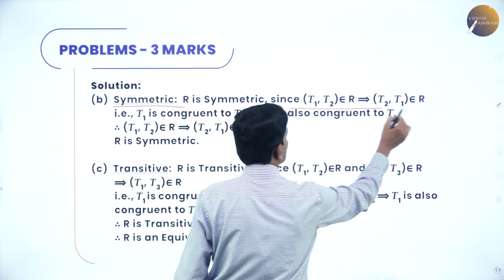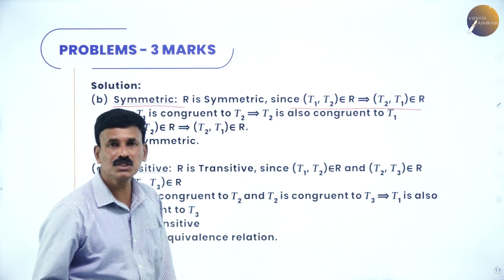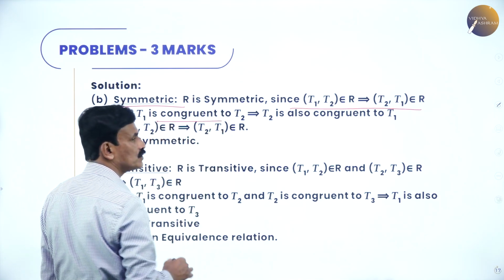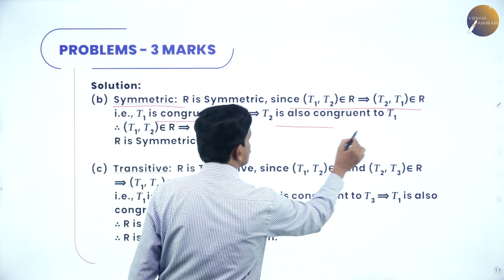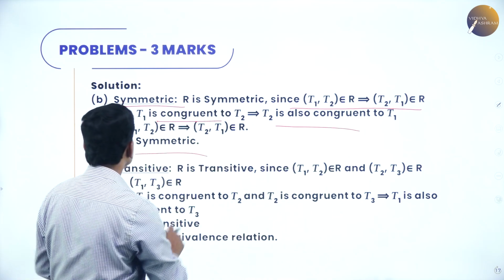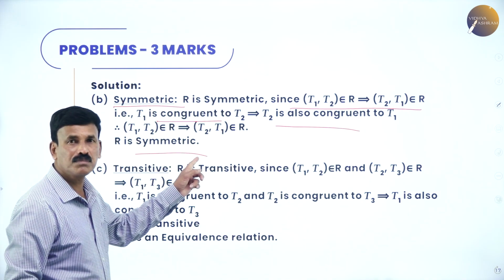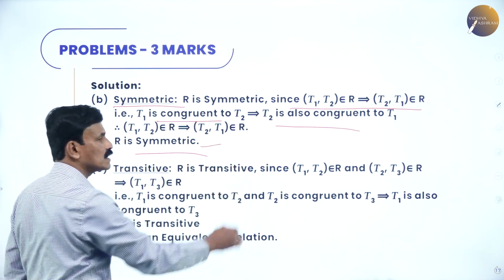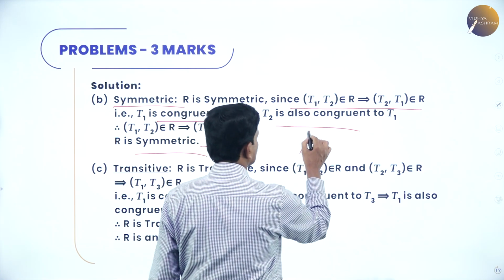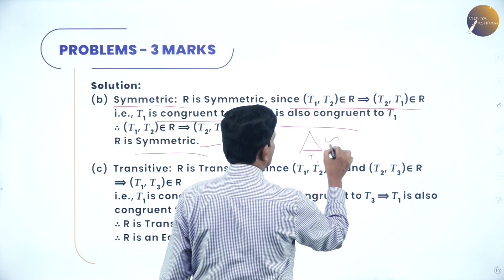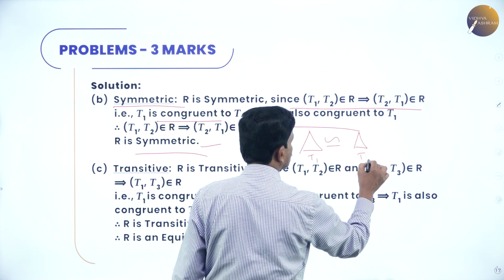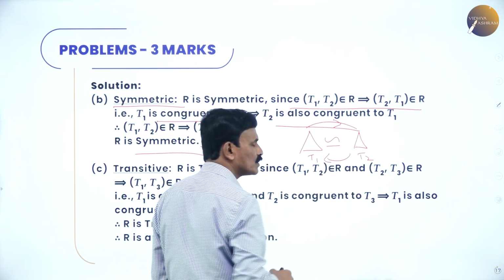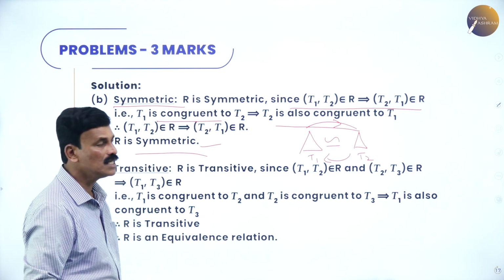Since T1 comma T2 belongs to R implies T2 comma T1 also belongs to R. Therefore, R is symmetric. See, if this is one triangle T1, this is congruent to T2, another triangle, so T1 is congruent to T2, definitely T2 is also congruent to T1. Therefore, it is symmetric.